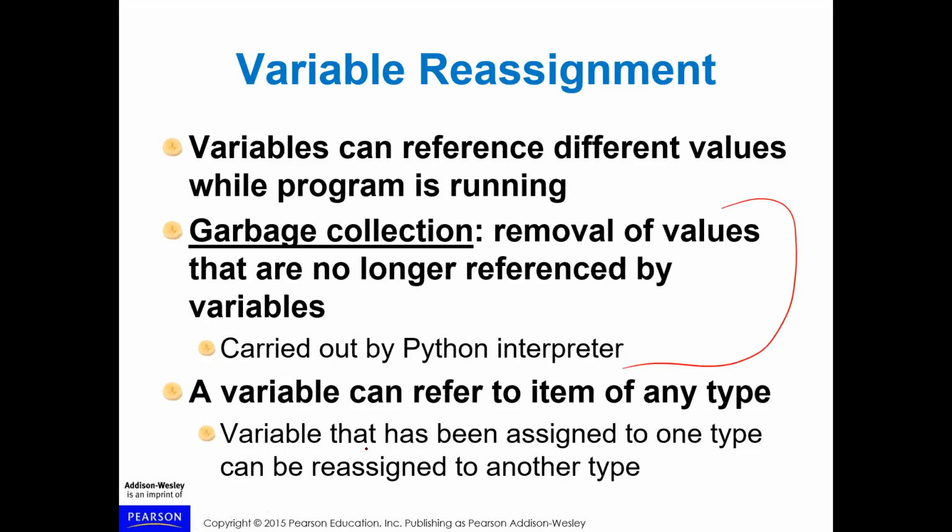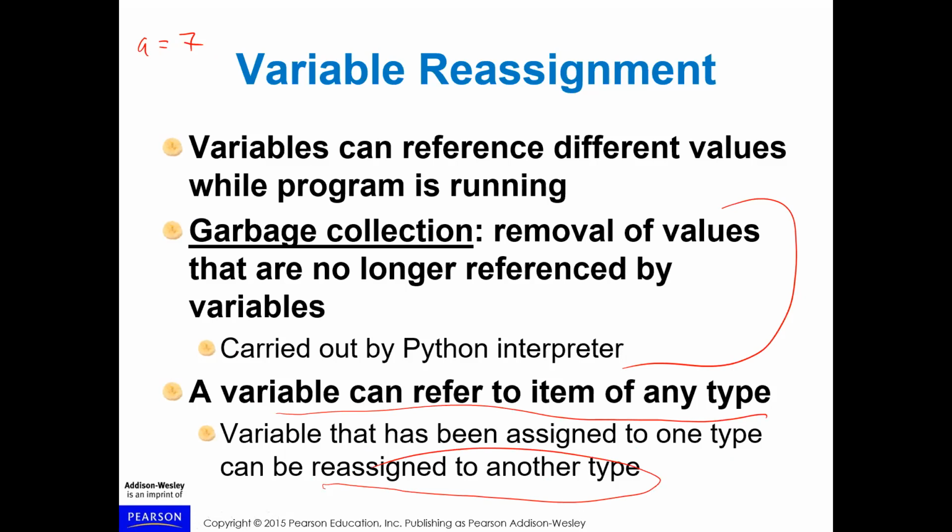A variable in Python can refer to an item of any type. A variable that has been assigned to one type can be reassigned to another type. In the example that I created, A is 7, so at that point A is an integer.